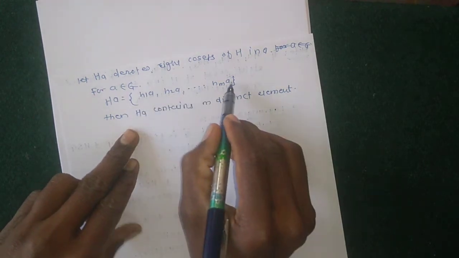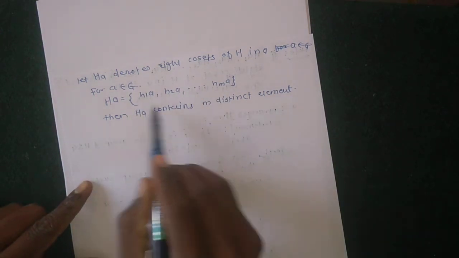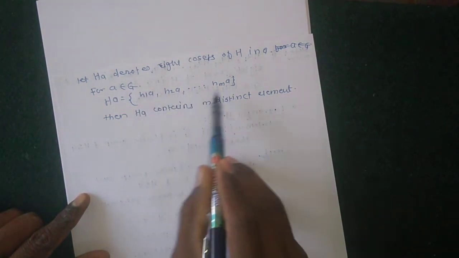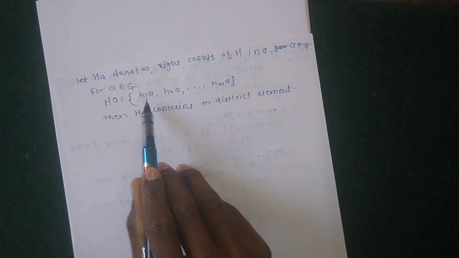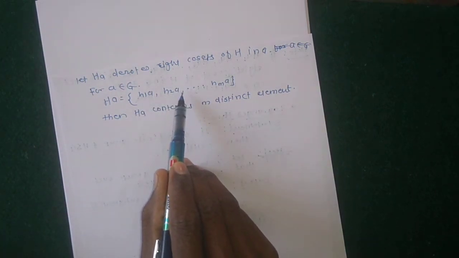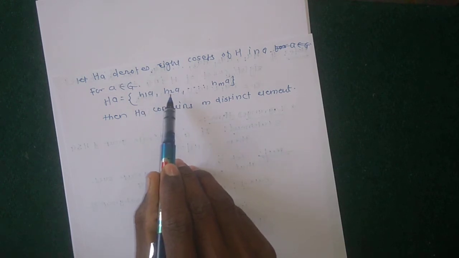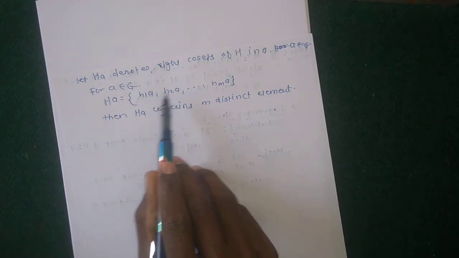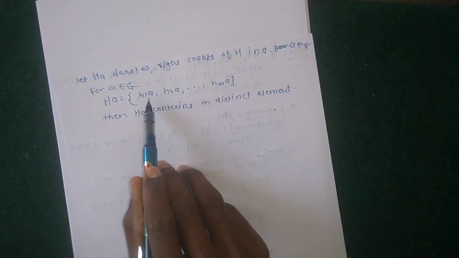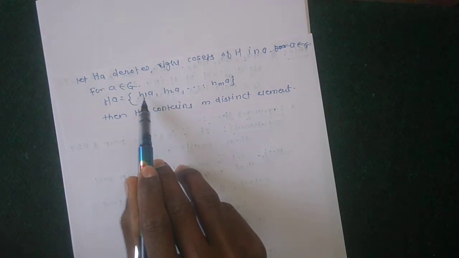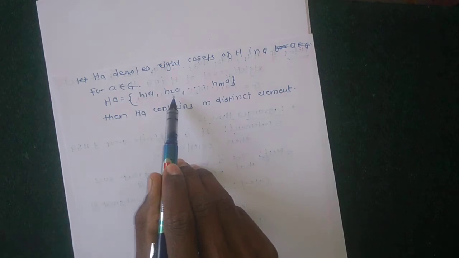Why are these m elements distinct? Suppose h1a and h2a are equal. Then by the right cancellation law, a gets cancelled, which implies that h1 equals h2.